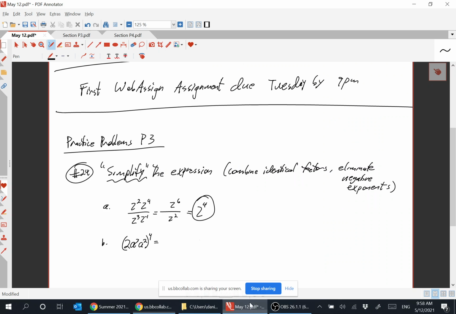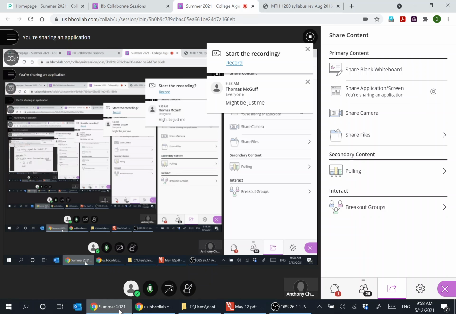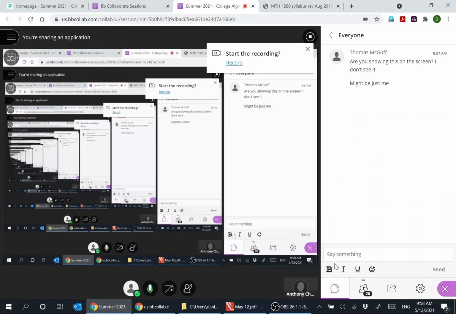Is anyone else not seeing what I'm sharing here? I can see it fine. Anybody else not able to see? Thomas, perhaps if you exit the room and come back in, it might work better.